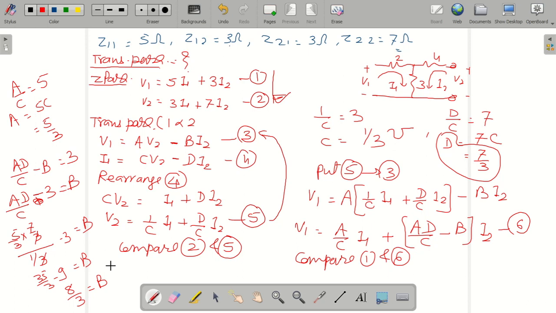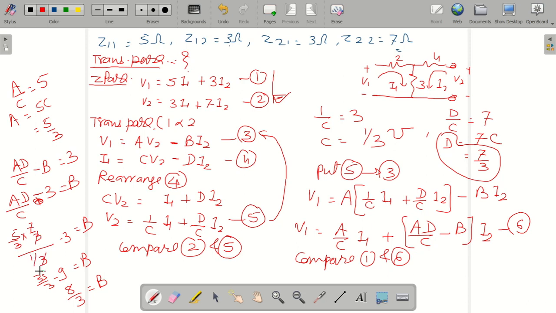Is B correct? B equal to AD minus BC upon C. A is 5 by 3 minus 7 by 3 upon 1 by 3.